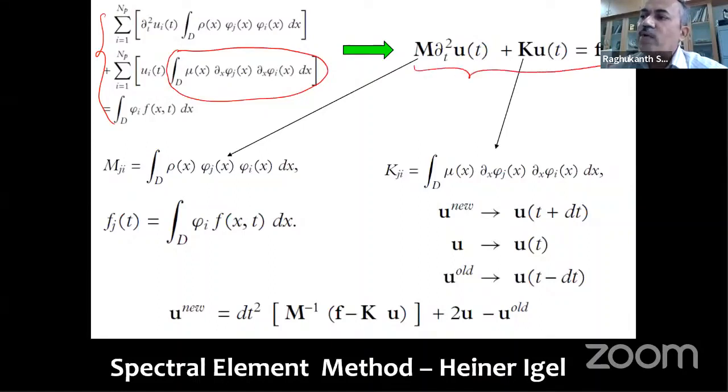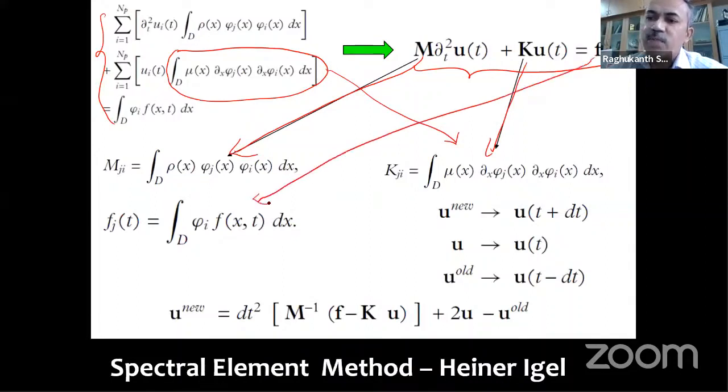Your mass matrix is this expression, and this itself is my stiffness matrix also. And then the force term, phi i, if you write in terms of f of t, you will get an equation of a multi-degree of freedom system, which you would have studied in structural dynamics also. This is basically a second order ODE.